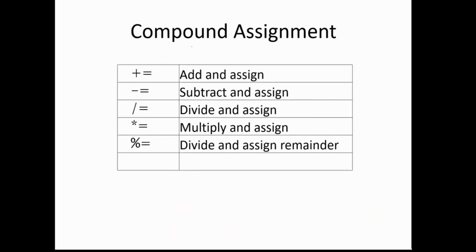And compound assignments: as the name states, you have two things together, plus and equal, minus equal, right? What you are going to do is first do the operation and then assign the value. For example, if we say x plus equal 5, that means it is the same as x equal x plus 5.